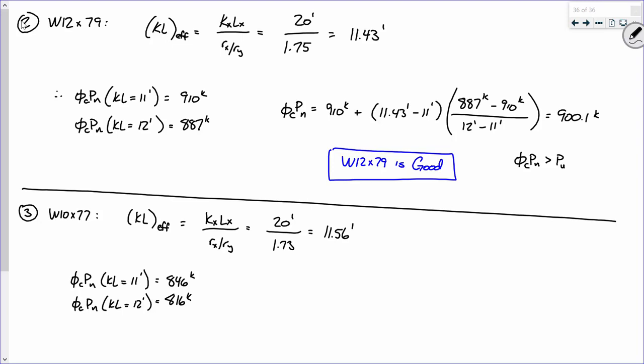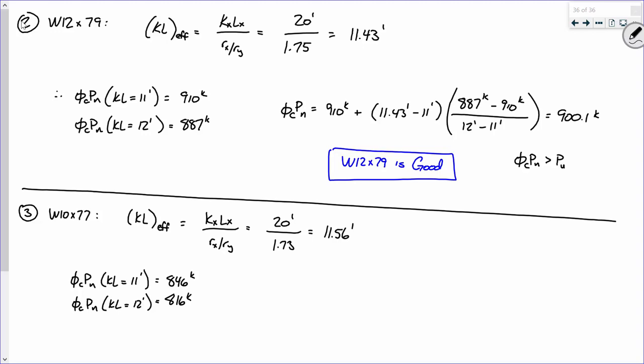So should we, I'm lazy, should we do the interpolation? Why? Well, the accuracy, okay, so you're two things. Whether or not it's accurate doesn't really matter because once you pick your final shape, you're going to go back and analyze it using section E3 or the KL over R tables or what have you.